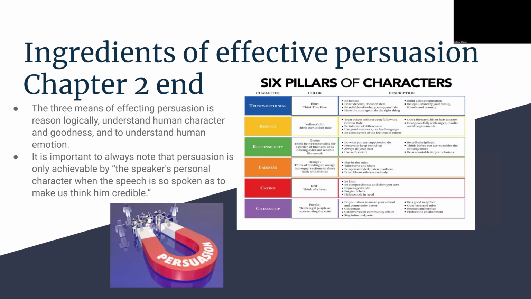Ingredients of effective persuasion, chapter 2 continued. The three means of effective persuasion are to reason logically, understand human character and goodness, and understand human emotion. It is important to always note that persuasion is only achievable by the speaker's personal character when the speech is so spoken as to make us think him credible.